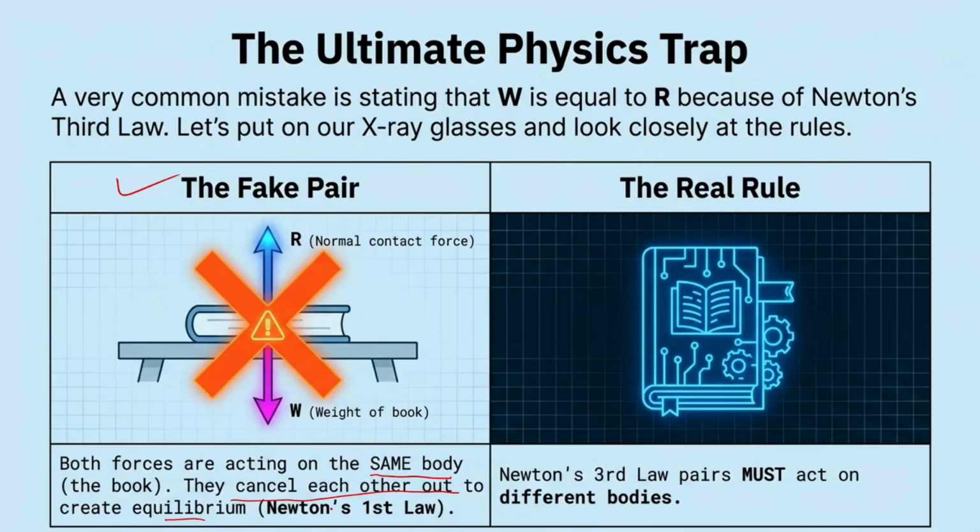This is Newton's first law. For the third law, the forces of the pair must act on different bodies. One force is acting on body A and another force is acting on body B.